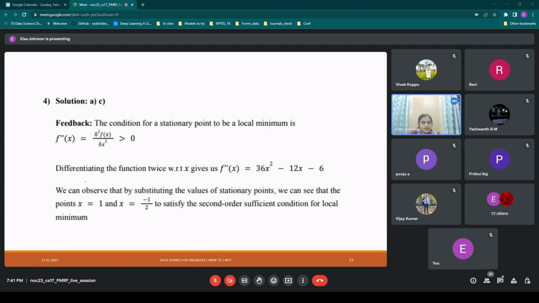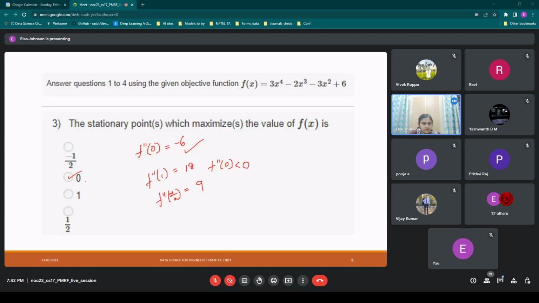Okay. Now, what if the two values are less than 0? Yes. So here f double dash of 1 as well as minus 1 are greater than 0. Okay.